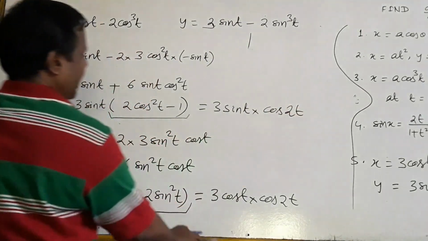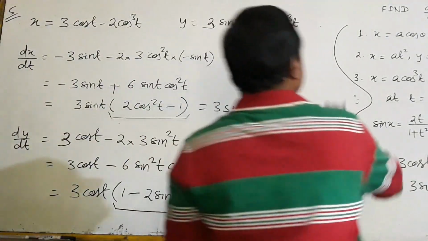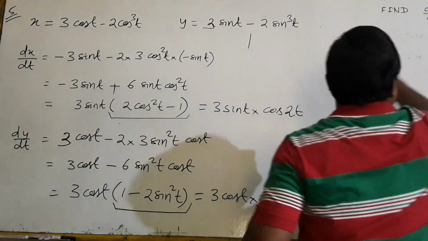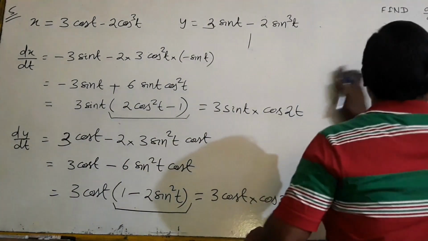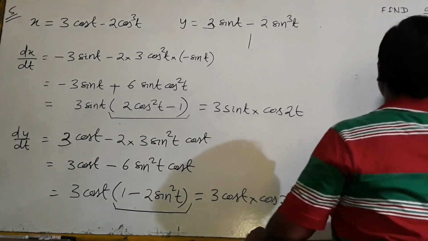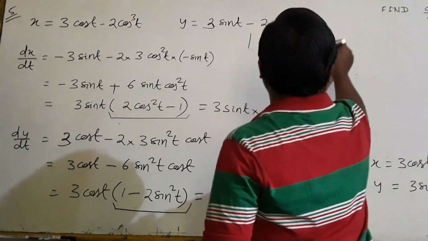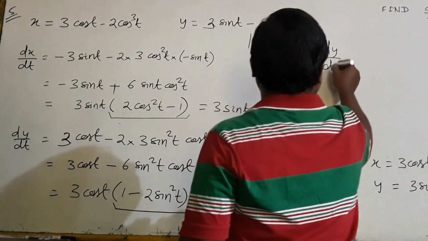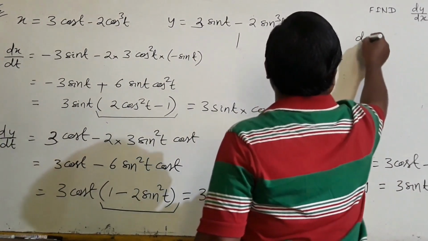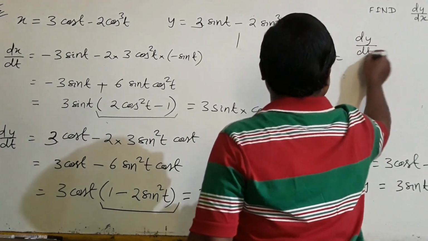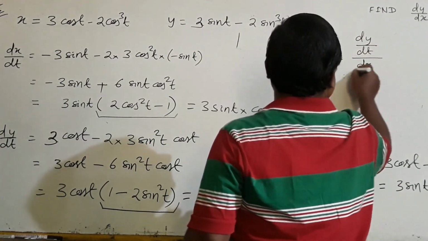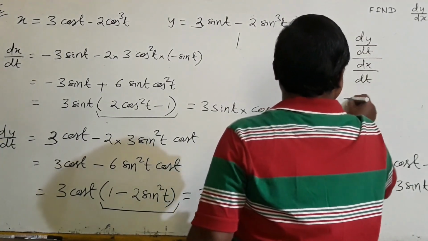Now I require dy by dx, and you know dy by dx is dy by dt divided by dx by dt. What is dy by dt?